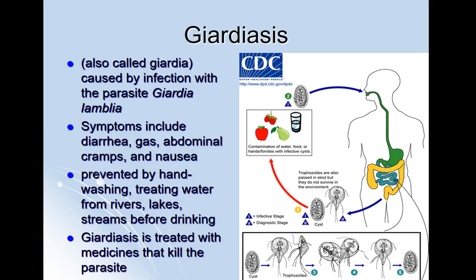Now, oftentimes we'll do a small bowel series, a small bowel follow-through, and that's going to show us the presence of the giardiasis in the intestine. Oftentimes, though, we're going to need a stool specimen in lab to find that parasite. Kind of yucky. Make sure you're washing your hands, okay? They can treat this parasite with medications.